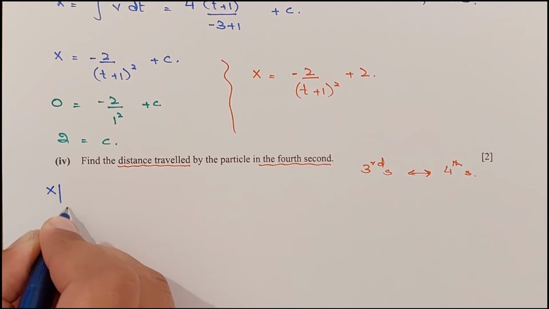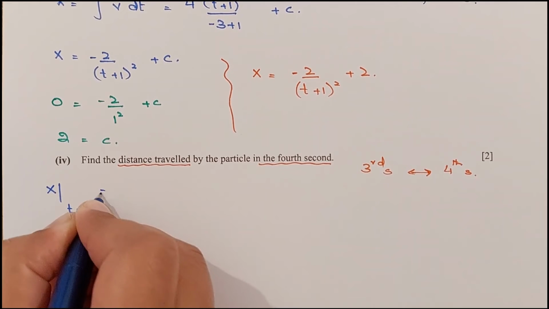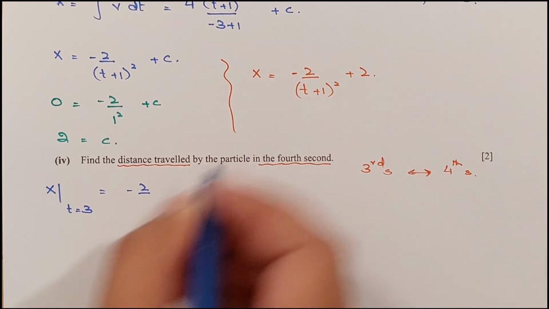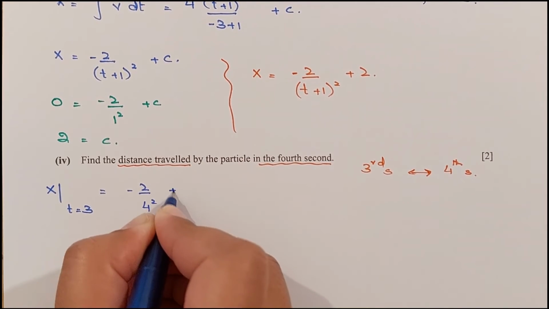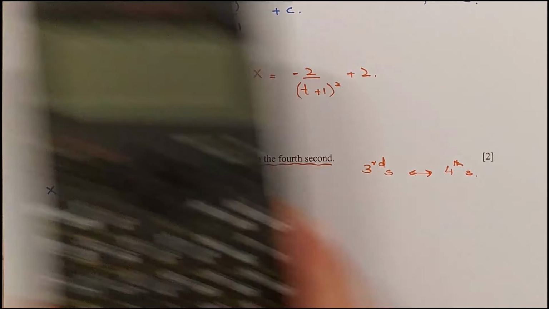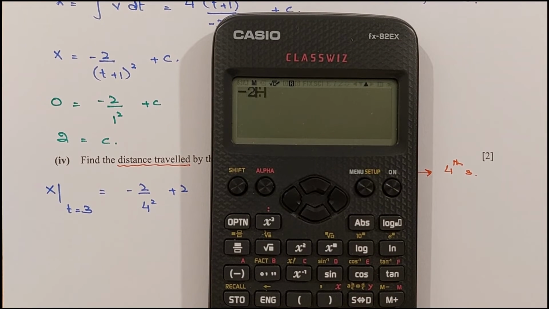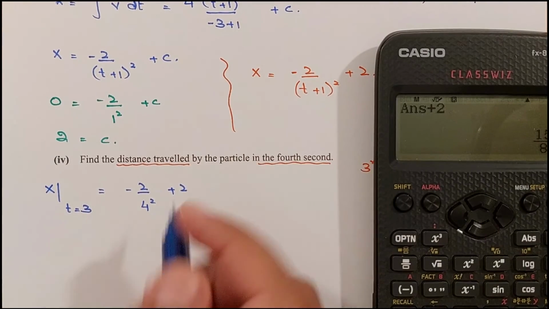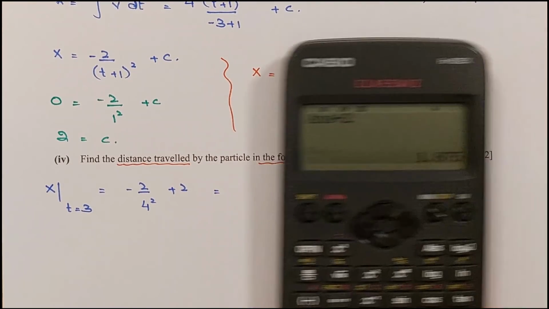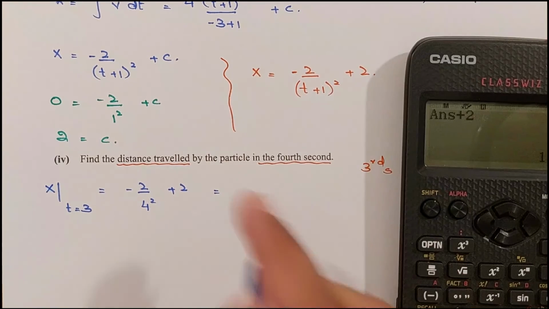The displacement at t equals 3 is minus 2 over (3 plus 1), which is 4 squared, plus 2. Minus 2 divided by 16 plus 2. This is 15 by 8, or 1.875.